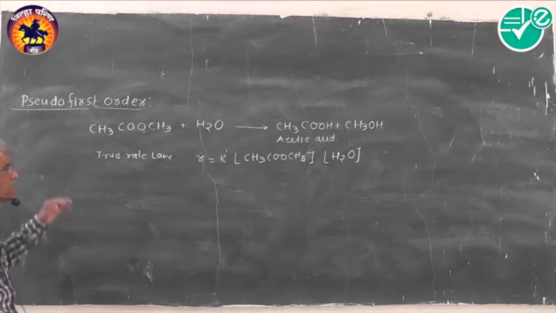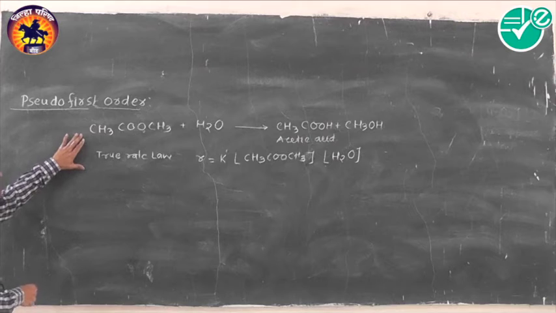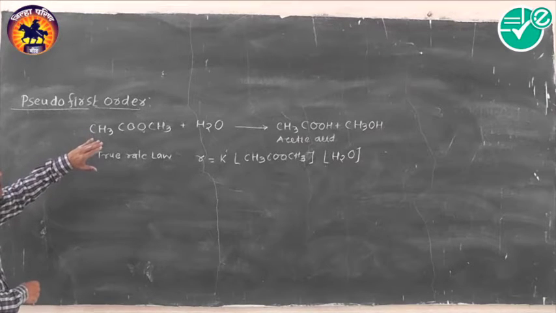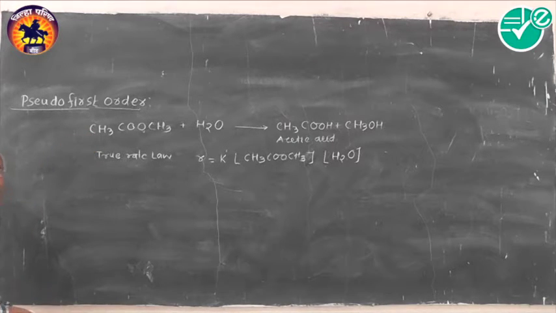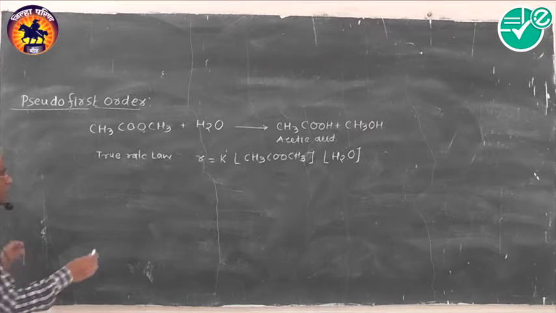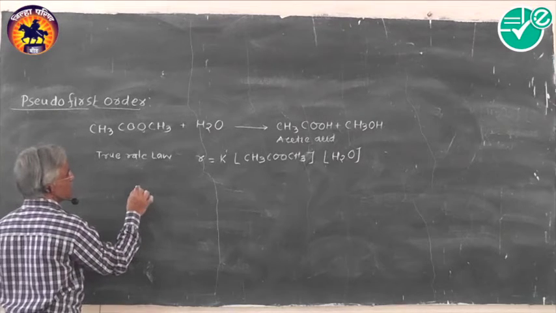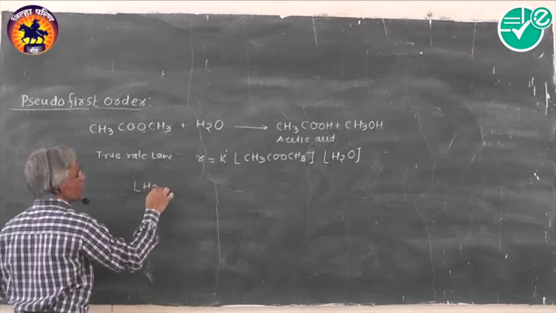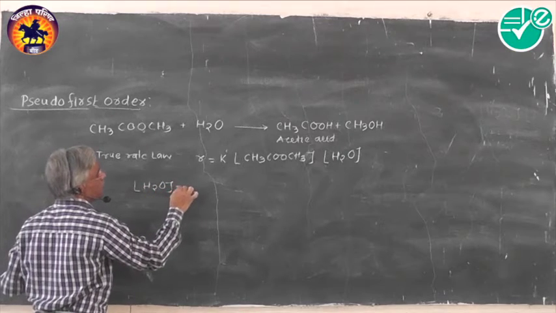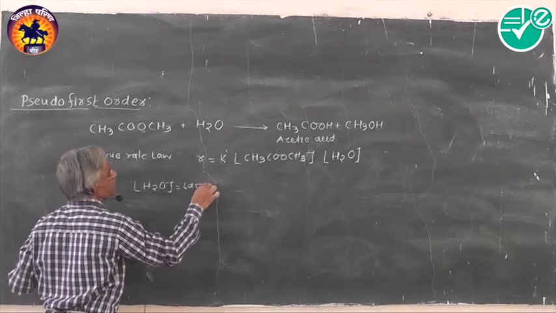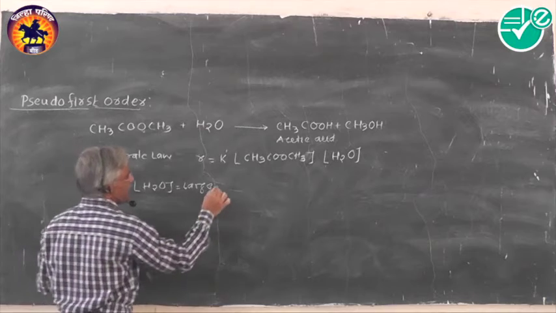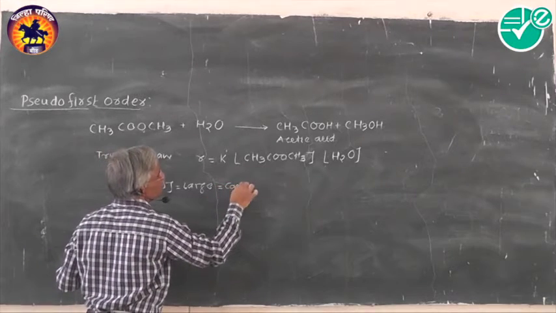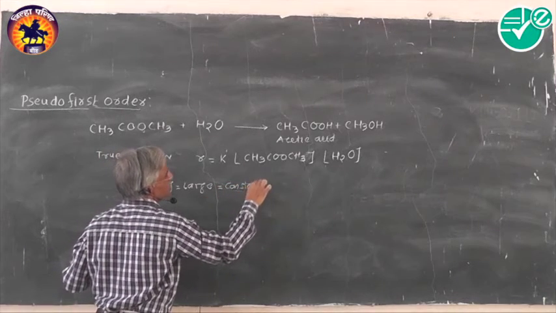Now, in such types of reactions, it has been found that the concentration of H2O is always a large quantity and it is constant. So the concentration of H2O is a large quantity and it is always found to be constant.